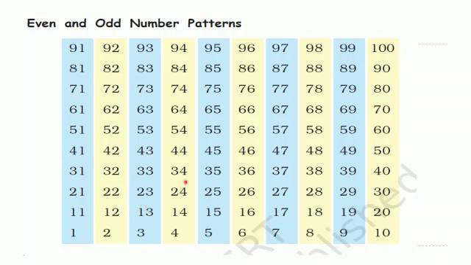If you observe the table of 2, in that also the last digit is always either 2, 4, 6, 8 or 0. So for even numbers the last digit is 2, 4, 6, 8 or 0. These are called even numbers.